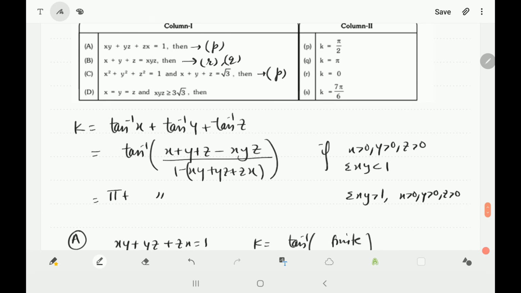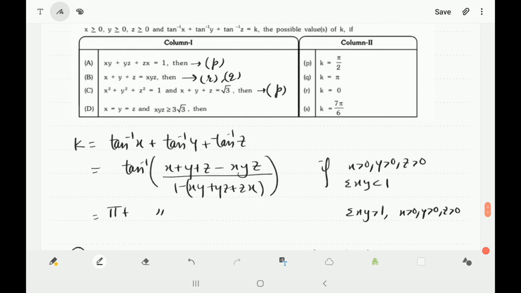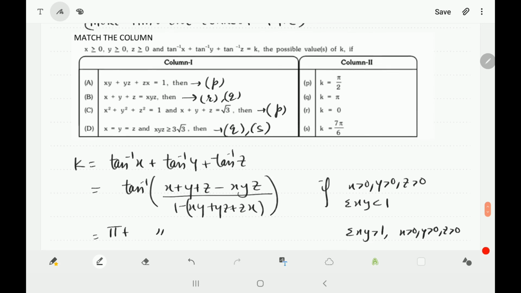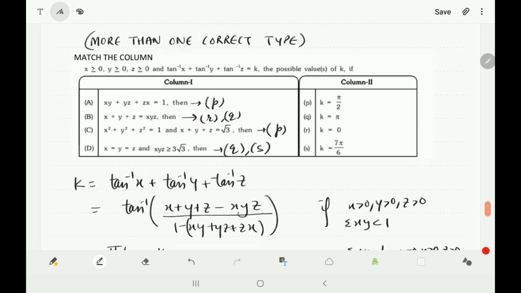Let's see which options it is satisfying. For D, k is greater than or equal to pi, so q will satisfy, as well as s will satisfy. So for this problem, A has option p matching, B has q and r matching, C has p matching, and D has q and s matching. I hope you are clear with this.